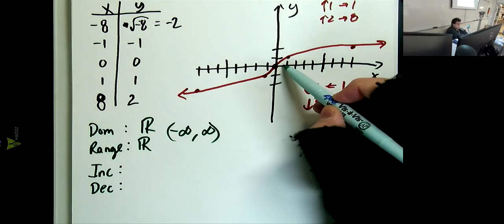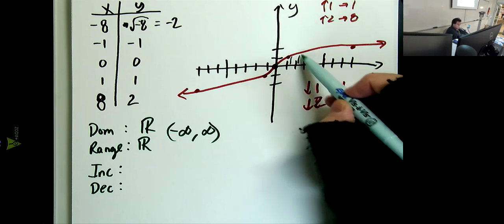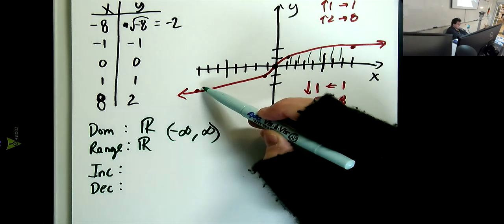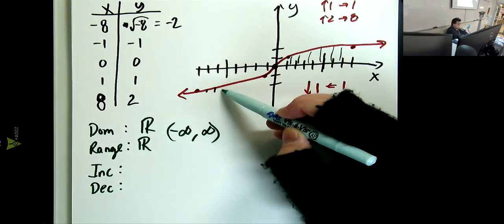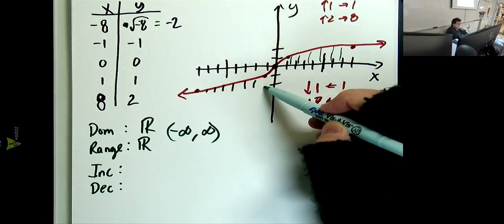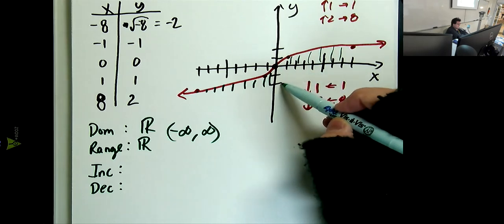Because as we go right, we're going up, right? It's a little hard to see. Over here, as I go right, this is going up a little bit too. If I started here, I can see that if I made a little line, as I go right, I'm going up still.